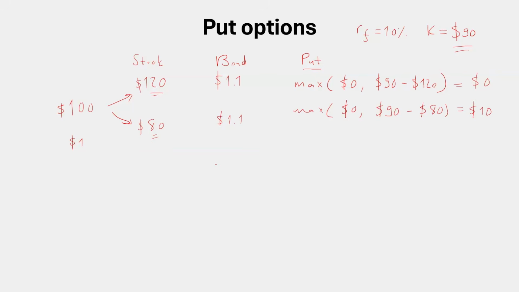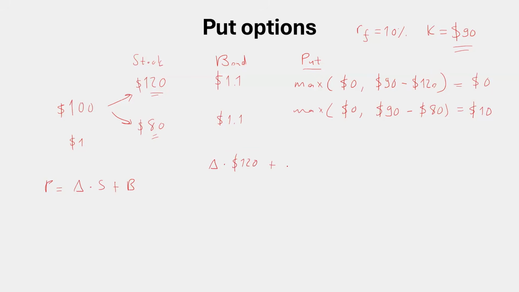So the replication portfolio logic will be identical. The put option price today will be delta times the current share price plus the amount I invest in the risk-free bond. I can quickly show you how that works, with exactly the same arguments. I purchase delta shares today, so this will be 120 if the stock price goes up.